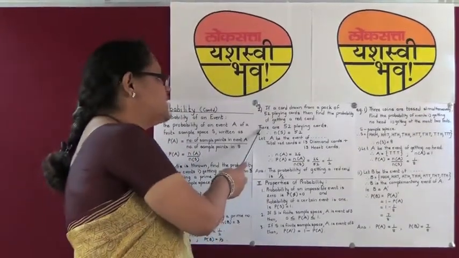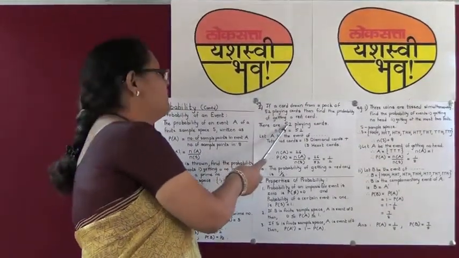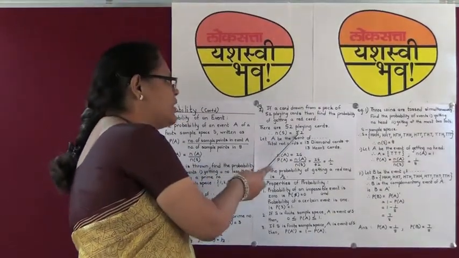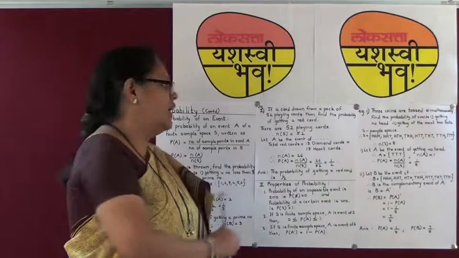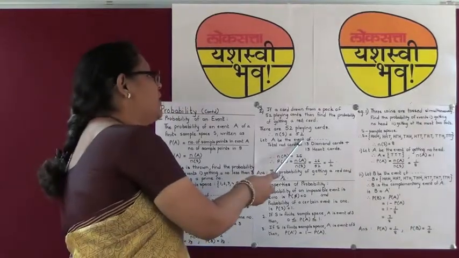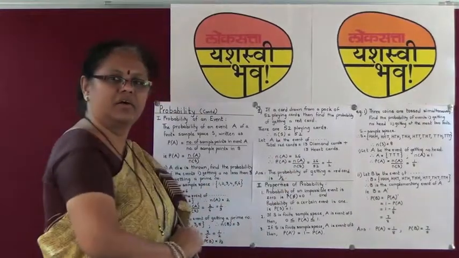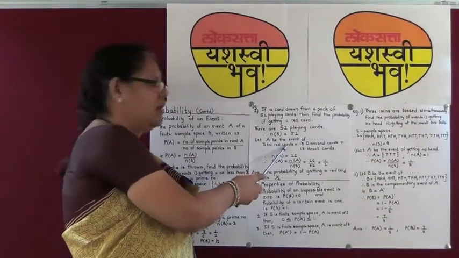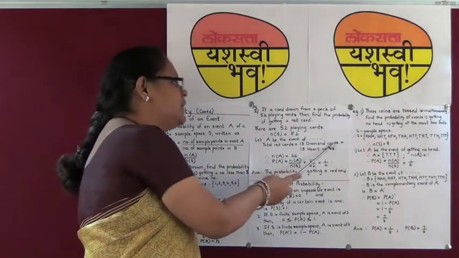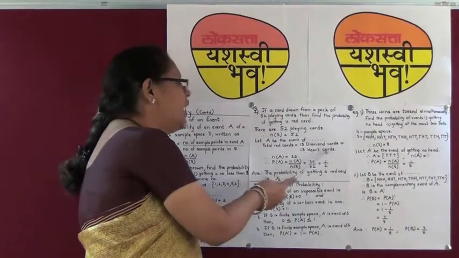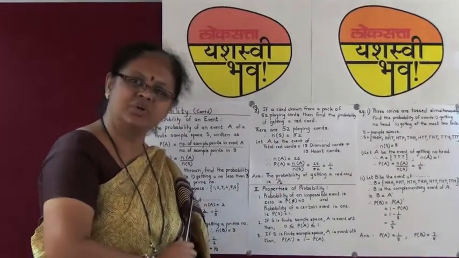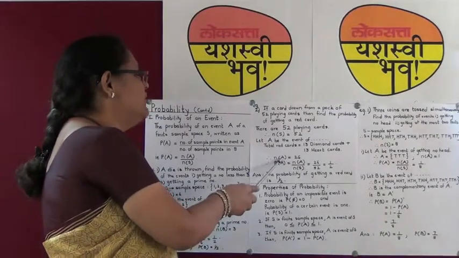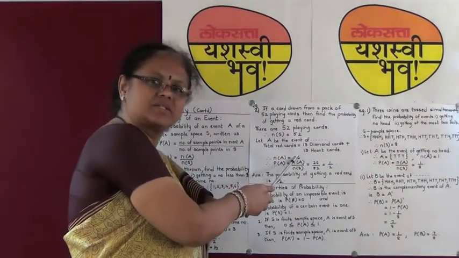So we write the statement as there are 52 playing cards, hence the number of sample points would be 52. Let A be the event of getting a red card. So total red cards in our pack would be 13 diamond cards plus 13 heart cards, that is equal to 26. And so the number of sample points in event A would be 26.